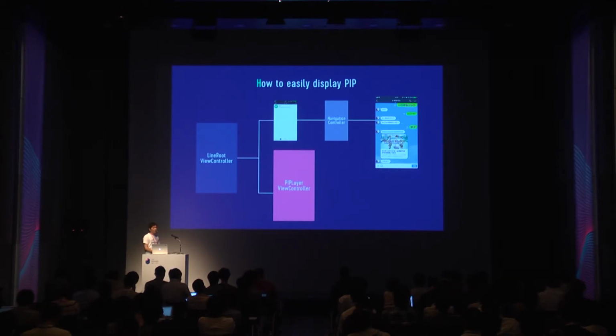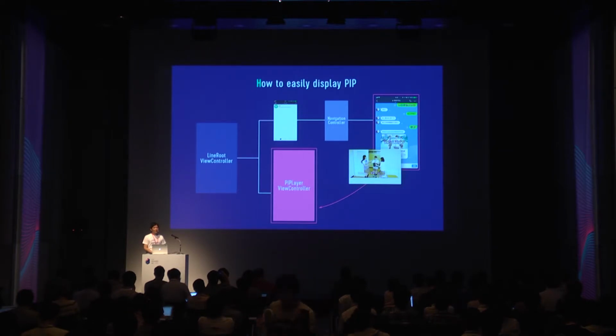Next we thought about how to display this simply. If we show this hierarchy of the view controllers, it looks like this. In the chat room, you have to hand over the PIP view controller to the PIP layer. However, from the chat room to the PIP layer, the distance is quite long.